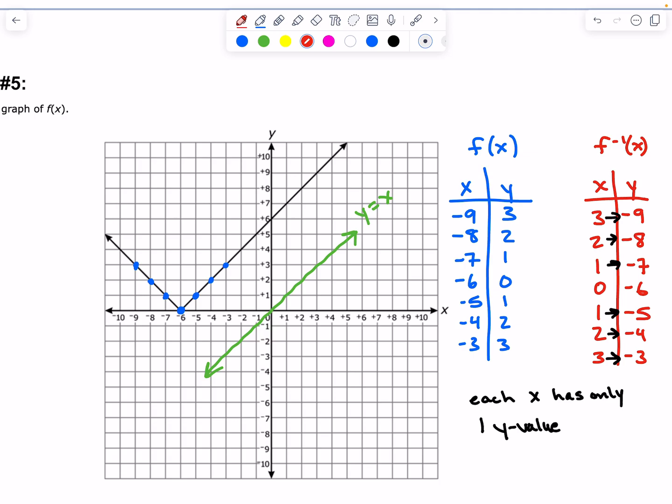And if I plot these points, I can see that as well. So 3, negative 9, 2, negative 8, 1, negative 7, 0, negative 6, and then plot these other points as well. You can see that this is not a function. It does not pass the vertical line test, in other words.